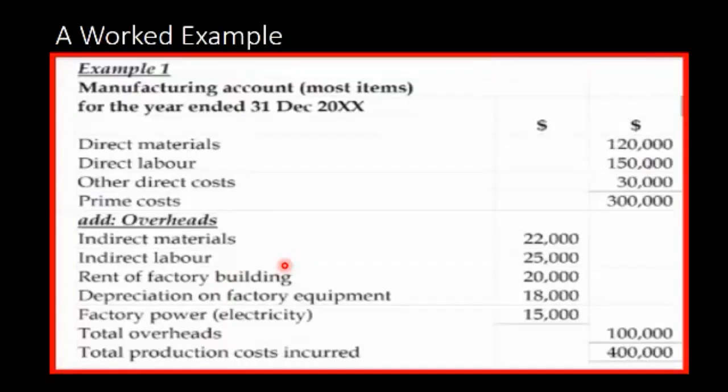Okay? Things like direct materials, if you have a bakery, that's a small factory in a sense, and you're making cakes, all the ingredients that go into the cake itself directly are called direct materials. So you get things like flour, sugar, and the like.